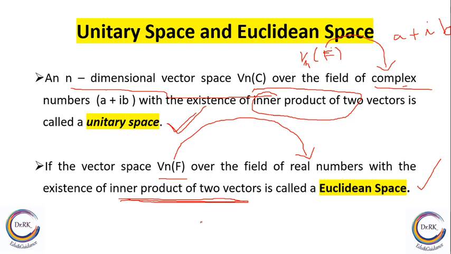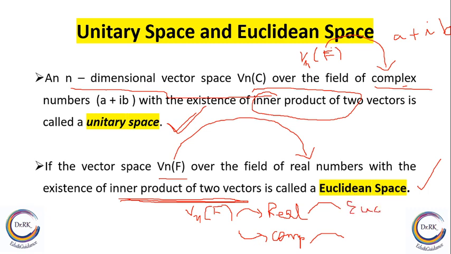So VnF over real numbers, or over complex numbers, and in both cases the inner product is defined. In case of real numbers, that vector space is called a Euclidean space.